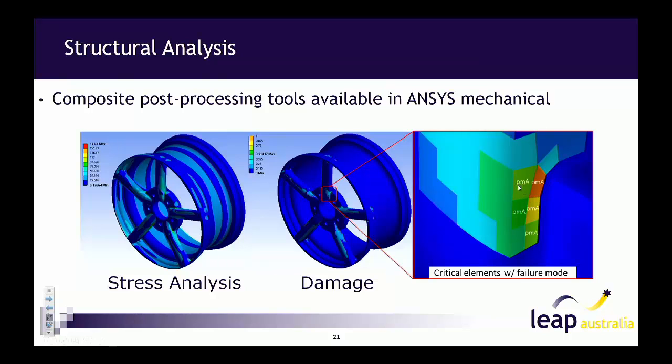So this little code, PMA, means that the most likely form of damage here is going to be a tensile fracture of the matrix. So if it is critical that we reduce this damage, we can go back, we can redesign our structure and reinforce this area or change those fibre directions.